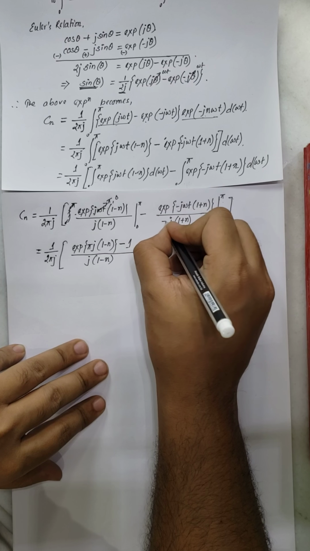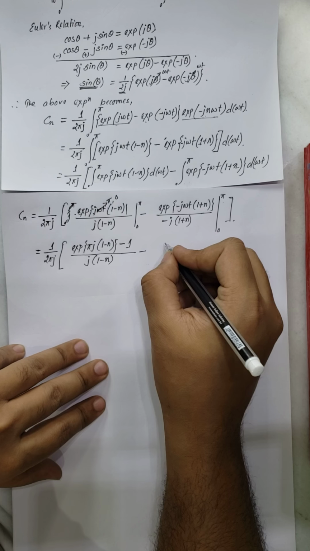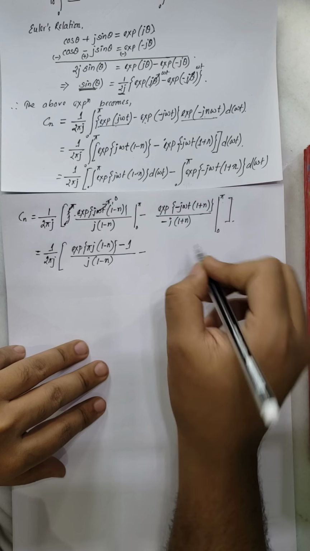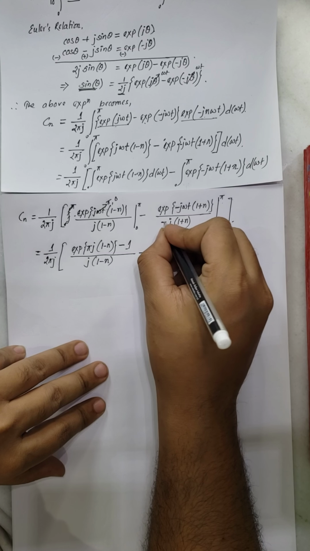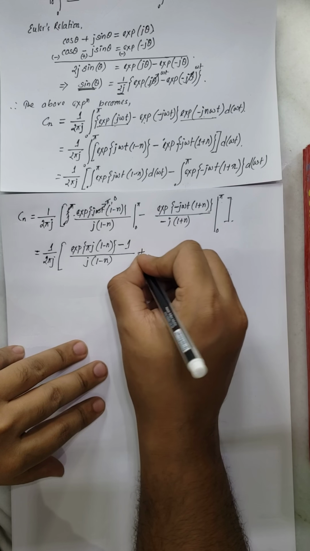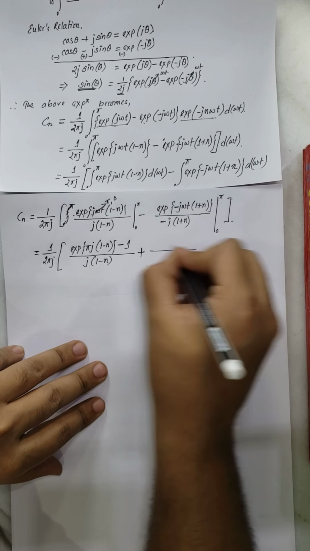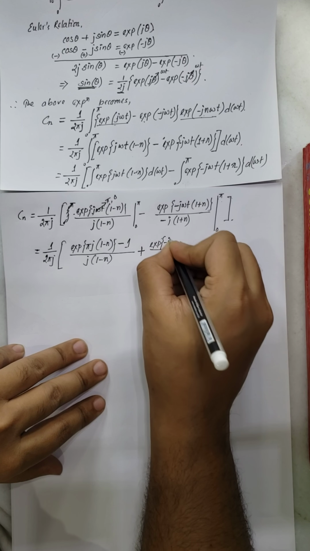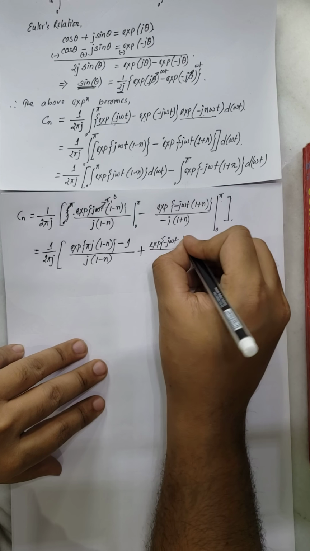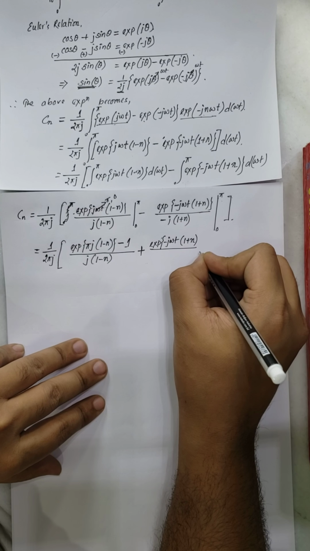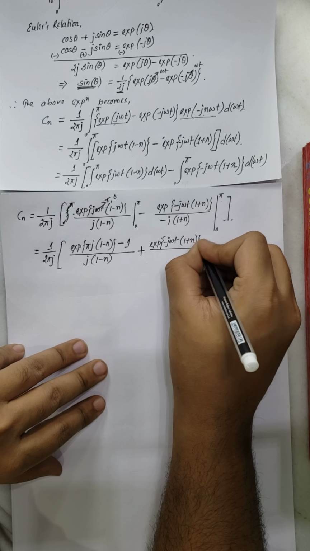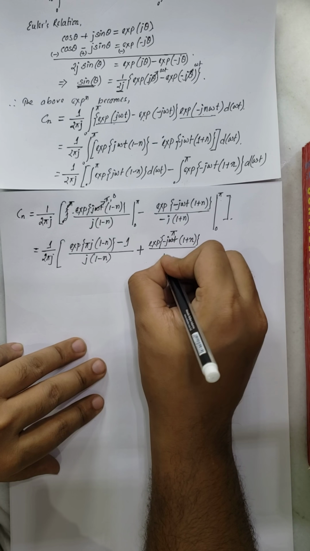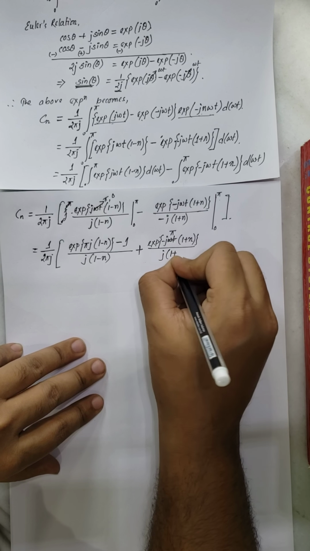I'm sorry, there will be a minus over here as the factor. The minus will also come in the denominator. Now multiplying these minuses, this becomes plus. The second expression becomes e to the power of minus j pi 1 plus n, and the denominator remains as before.